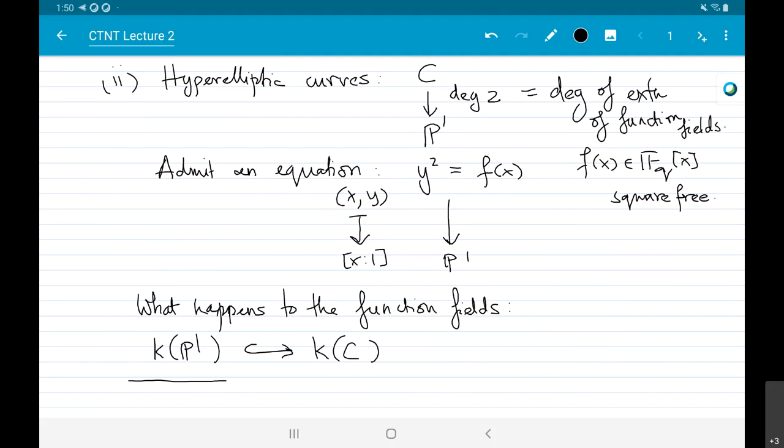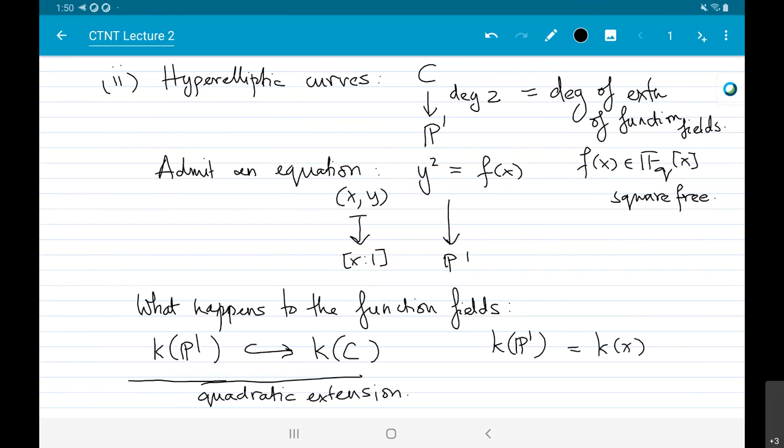So this is a quadratic extension of function fields. Now let's go back to understanding what K(P1) is. It's basically a line. So what are functions on a line? They're polynomials, so this is just going to be polynomials in one variable.